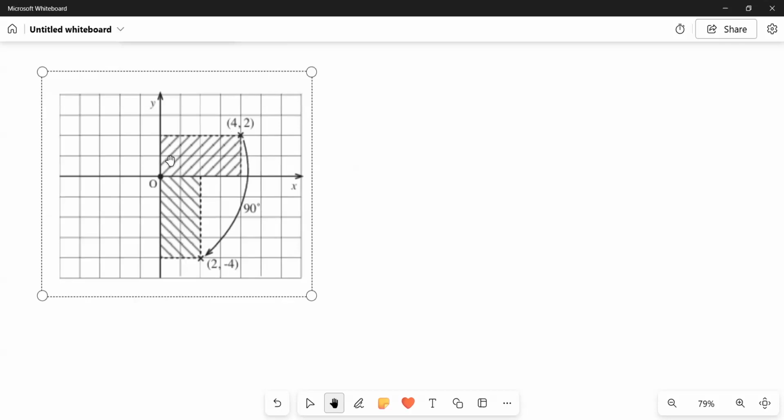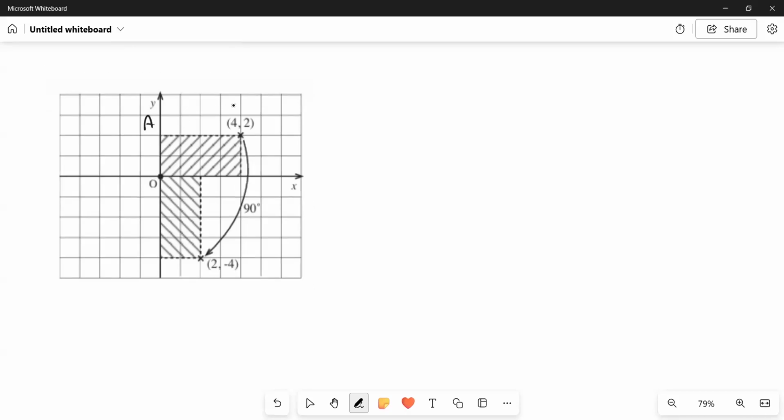This is the original rectangle, right? So you have points like, all right, let me go with, you want to say this is O, A, B, C, right? O is the point 0, 0. A is the point 2, 0. B is the point 4, 2, and C is the point 4, 0, right? And we're going to rotate this 90 degrees clockwise. You can see that, right?